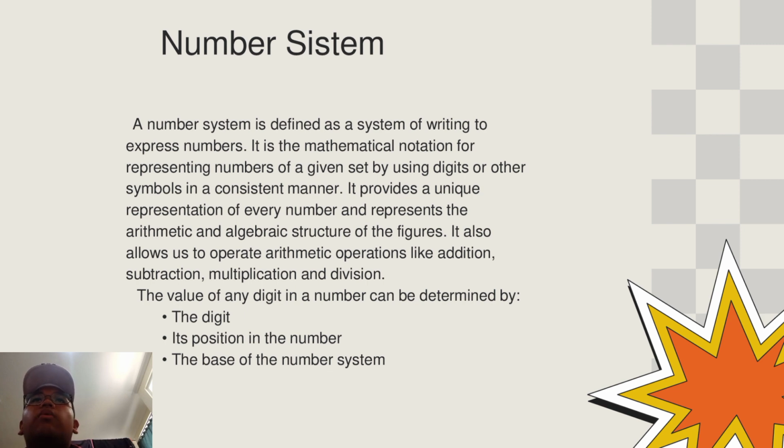It also allows arithmetic operations like addition, subtraction, multiplication, and division. The value of any digit in a number can be determined by the digit, its position in the number, and the base of the number system.